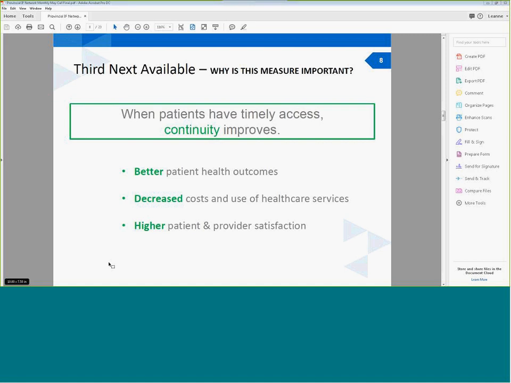And this is borne out in the data. In case people wish to go deeper into that, it's very easy for us to provide you with resources that will give you more detailed information about that. But I'm guessing many of you have seen those already. Hopefully that makes good sense to people, that if our physicians and our nurse practitioners have time slots available, obviously continuity is going to be maximized.